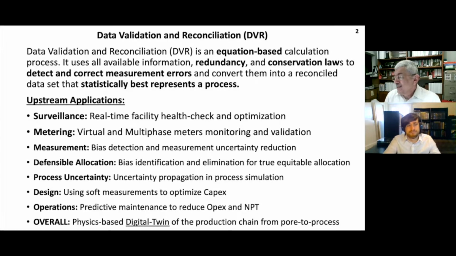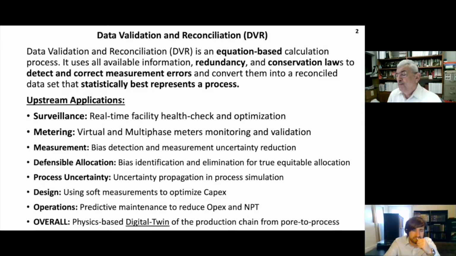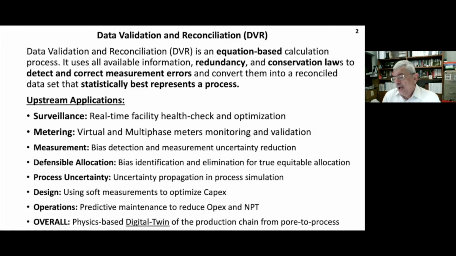Certainly, when it comes to allocation, it provides defensible allocation because before you do the allocation, it should be an equitable one. You're actually also correcting for any existing bias in there, and potentially also propagate uncertainties in process simulation.